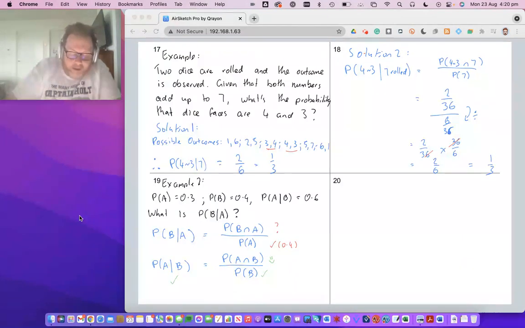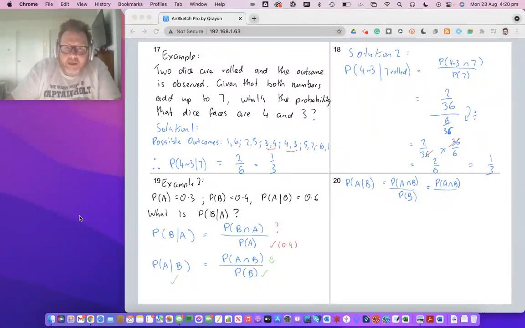Let's put it all together really quickly. The probability of A given B is equal to the probability of A intersect B over the probability of B, which equals, well, A intersect B we don't know.